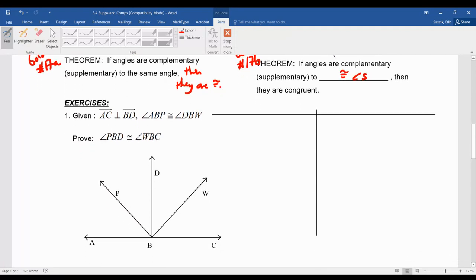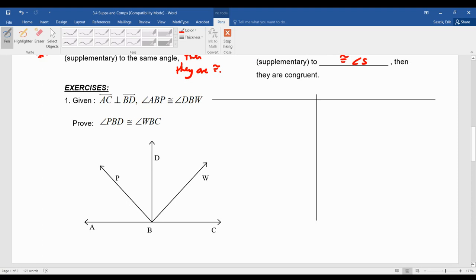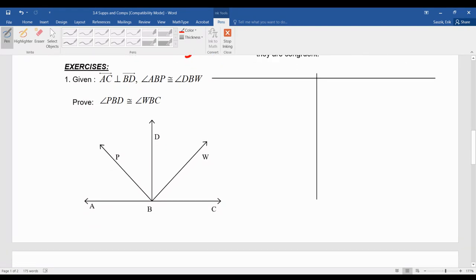Now, let's go ahead and do a proof down here. There is, let's see, we got perpendicularity. We got ABP. I'm just marking my diagram. I like to mark my diagram right away. And then remember, just to save time, I'm not going to write out step 1.